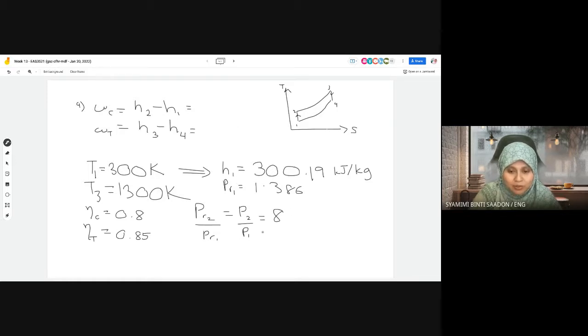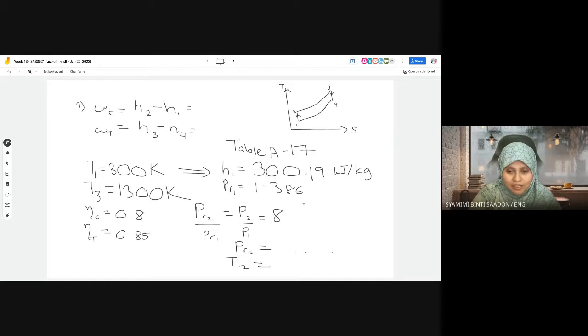Knowing this, 8 times 1.386, you get PR2. Using this PR2, we will get the temperature back, using the same table, table A17 for ideal gas.